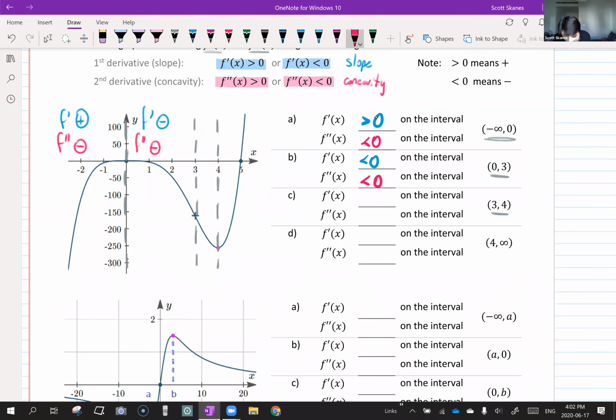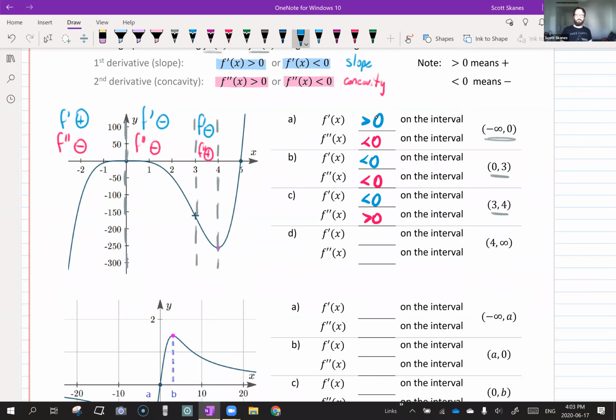So I'm doing the concavity now. It's positive. So F double prime is positive. What about the slope? Is it going down? Is it decreasing? Are the numbers getting smaller or getting bigger? Well, the numbers are getting smaller. It's going downhill. So we have first derivative negative, where the slope is negative.